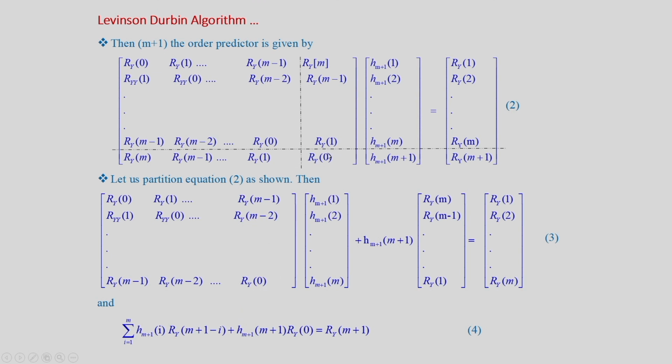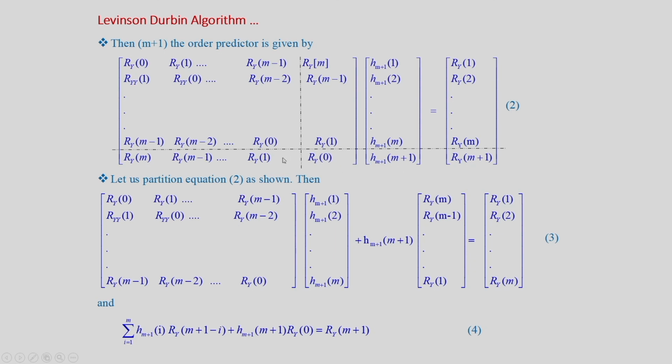First, we multiply this matrix by this vector, plus this scalar multiplied by this vector, and we get the right hand side. So, this R_y matrix multiplied by this h vector plus h_{m+1}(m+1), that is this element, into this vector, we get the right hand side, that is from r_y1 to r_ym.